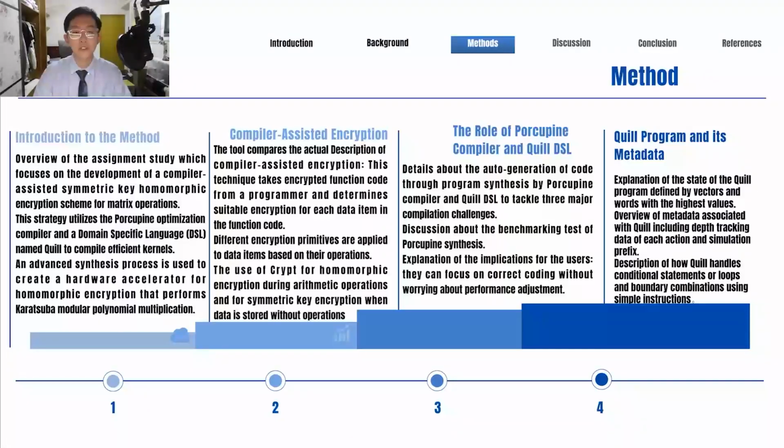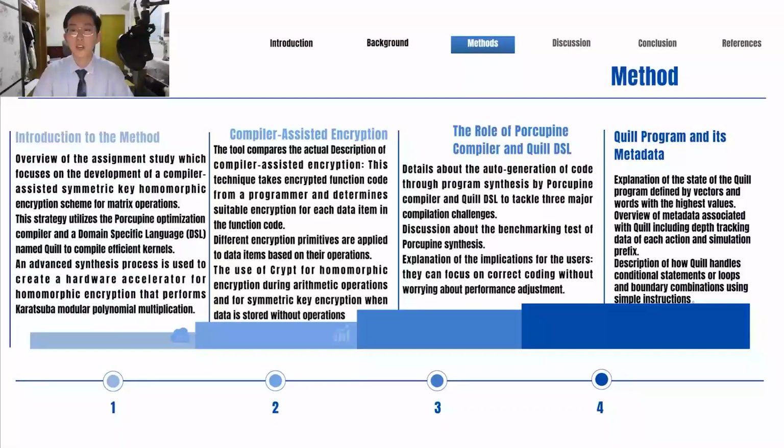The use of homomorphic encryption during arithmetic operations and symmetric key encryption when data is stored without operations, and the role of Porcupine compiler and Quill DSL.